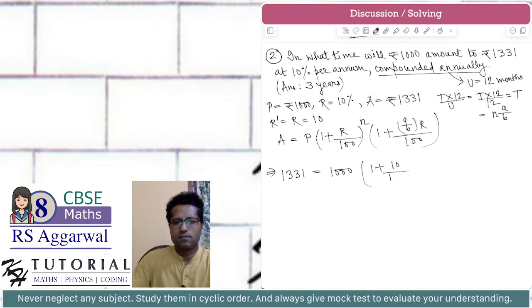So 10 by 100 to the power small n. The small n is coming from the value of T, and we have 1 plus a by b, R is 10 divided by 100.